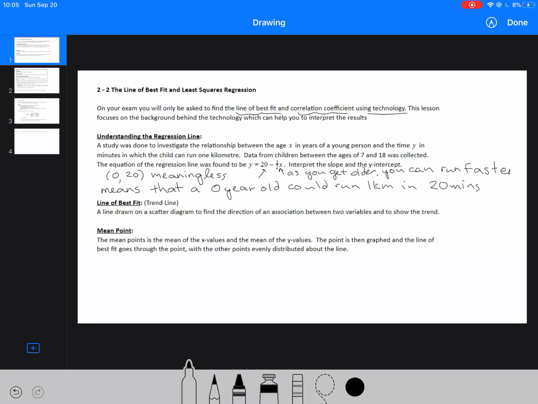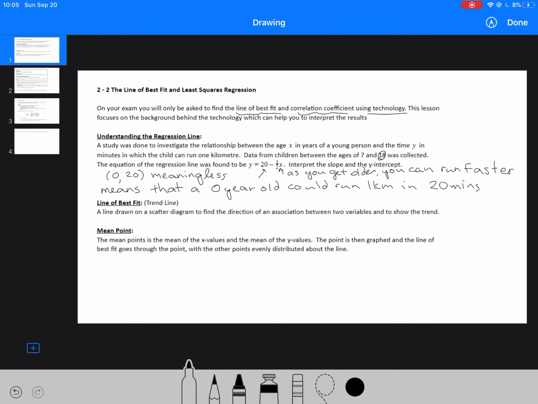You can't run it in 0 minutes. If you have 18, the oldest person that they collected data on, you'd be running in 11 minutes. So you should be able to interpret what the slope and the y-intercept means in a linear regression equation.